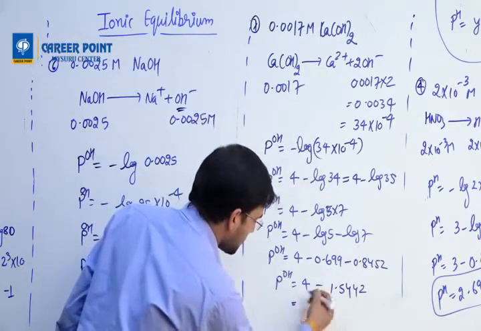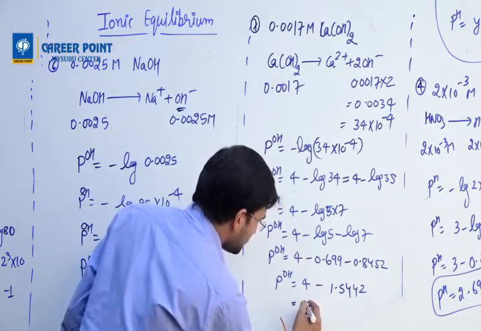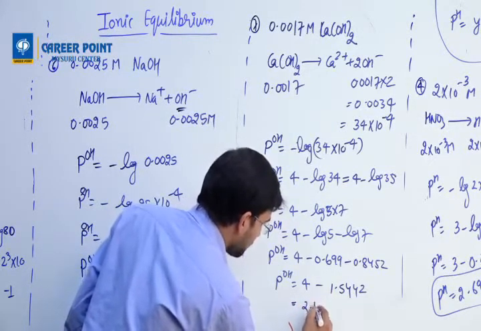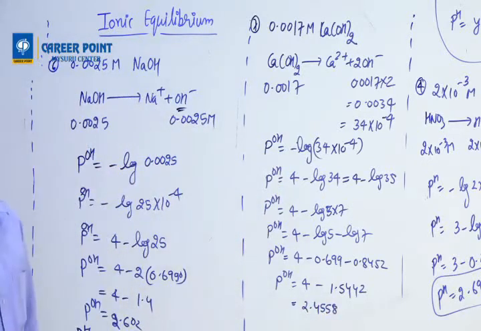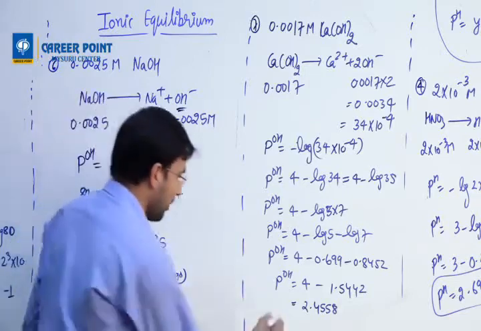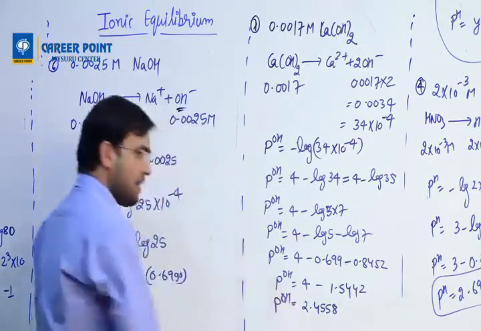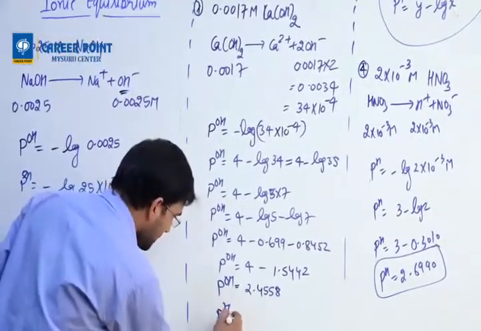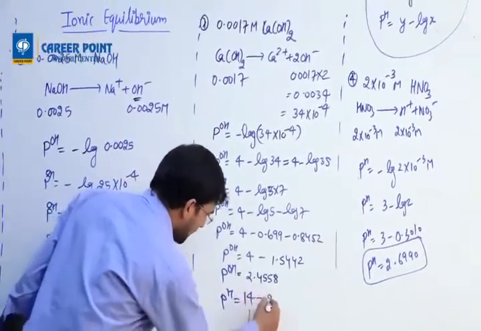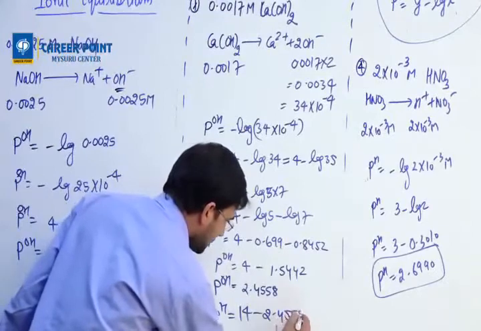Then when I subtract this, I'll get 2.4558. Right? This is your pOH. But the job is not to find pOH, the job is to find pH. So pH equals 14 minus 2.452.